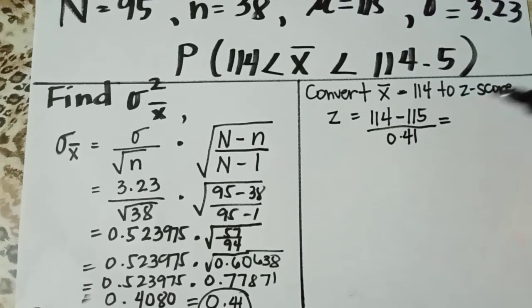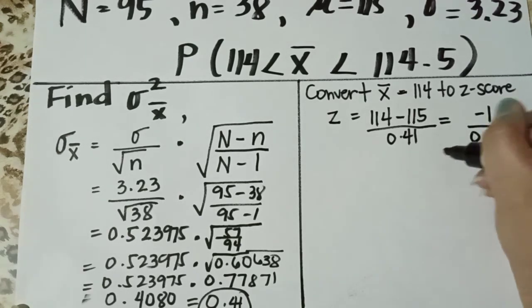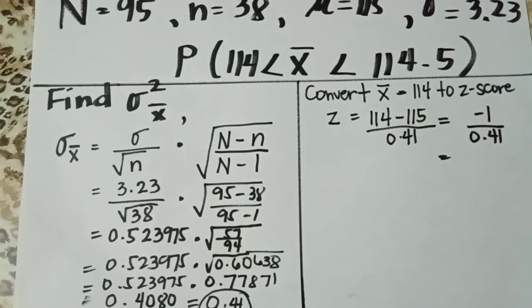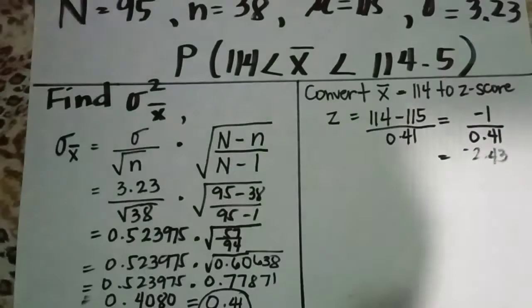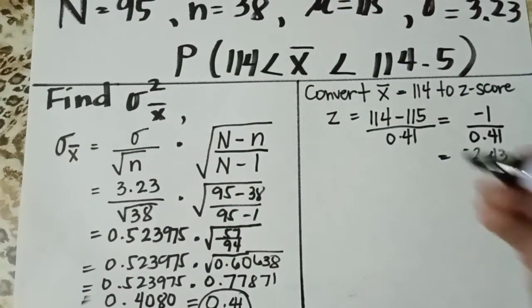And then, 114 minus 115 is equivalent to negative 1 all over 0.41. Then let us divide 1 by 0.41. So this is equivalent to negative 2.43.